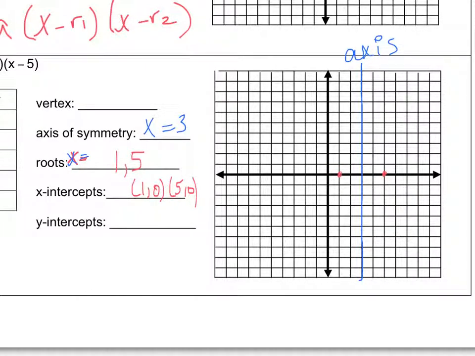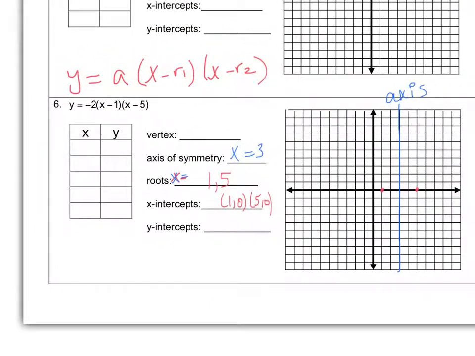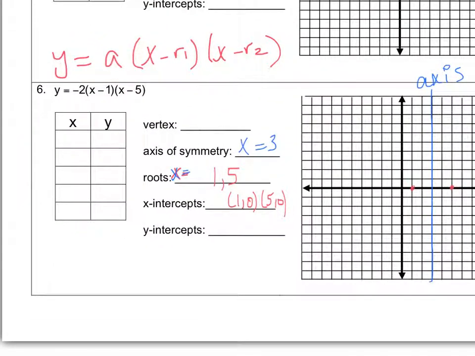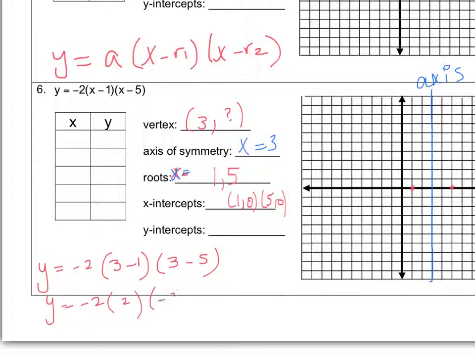Okay? So how can I find the vertex then? If I know that the axis of symmetry is 3, then I know that the vertex has an x of 3. How can I find the y? To find the y, you need to go back to your equation and plug in 3 for x. Once you do that, the y value that you're going to get is going to be the y of the vertex. So y equals negative 2 times 3 minus 1, which is 2, times 3 minus 5, which is negative 2.